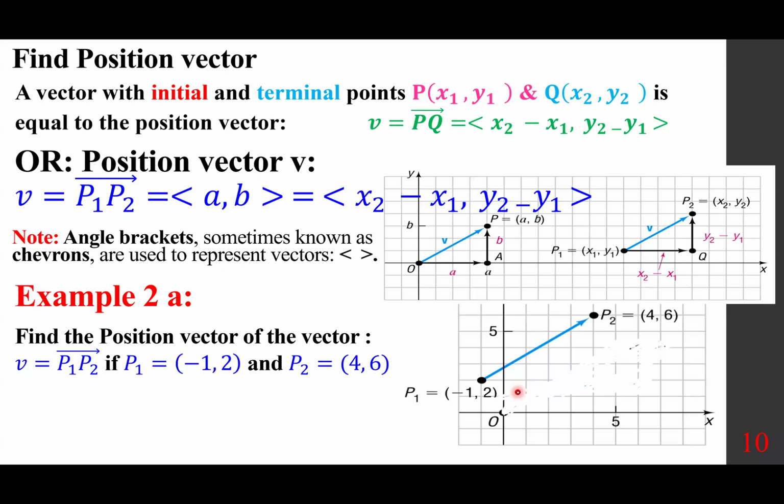So the initial point would be 0, 0. The question is, what would be the terminal point? x sub 2 minus x sub 1, y sub 2 minus y sub 1. So 4 minus -1, 6 minus 2. So this is 4 plus 1, 5. This is 6 minus 2, 4. Very simple.